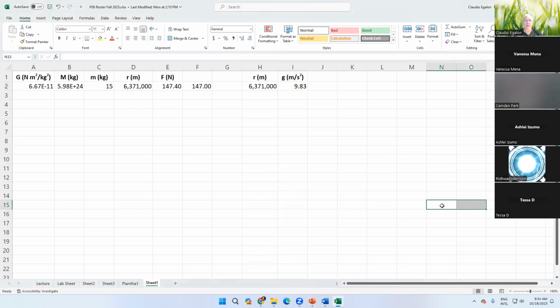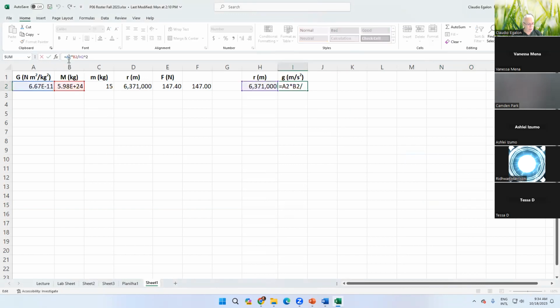I'm going to change a little bit my formula here so we get the right result. I am going to change the radius, the distance from one object to another one, for every 100 meters, 1,000 meters. 1,000 meters is 3,000 feet.